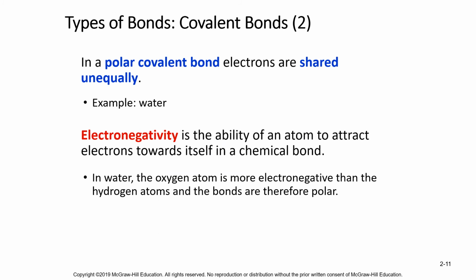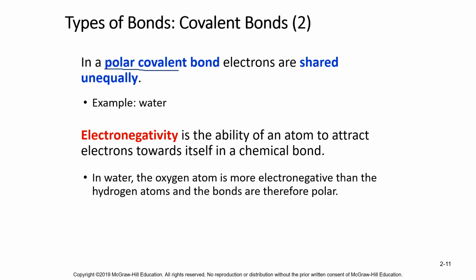Now, there are 2 types of covalent bonds. Those are polar covalent bonds and nonpolar covalent bonds. Nonpolar covalent bonds are when they're sharing electrons completely equally, which is more rare than you think.